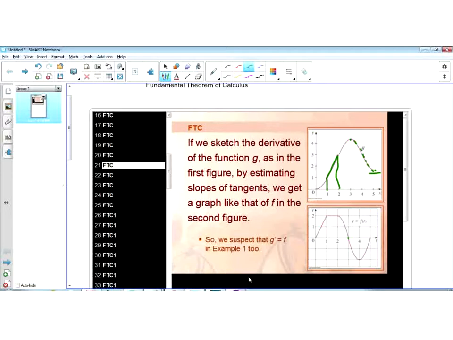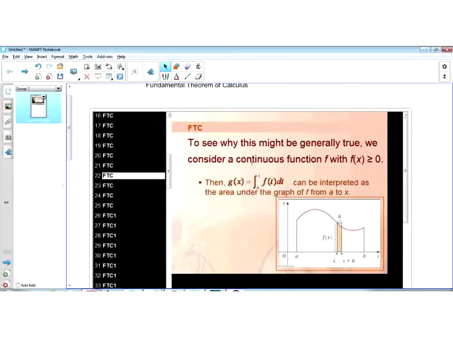Okay, so notice that if we take the graph of g and plot the derivative of g, we would get back our original f of t. So in this function, we can make the claim that the antiderivative of f is g, or g prime is equal to f from the sketch. And that's just an approximation reading from the graph. We haven't proven that yet.